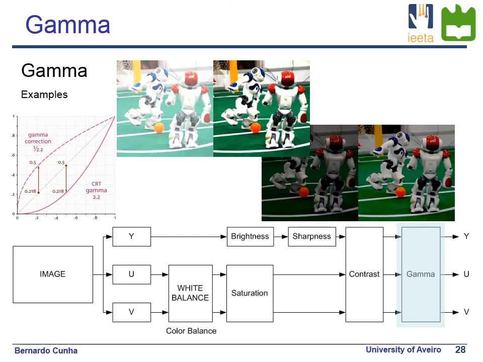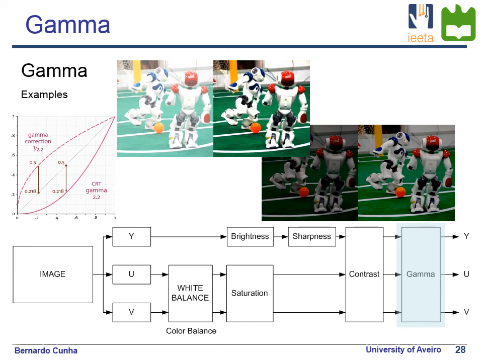These, for instance, are examples of gamma corrections applied to images. And why are these corrections important? Assume that for a particular application, you are quite interested in the darker areas of the image, but it's not really important the brighter areas of the image.